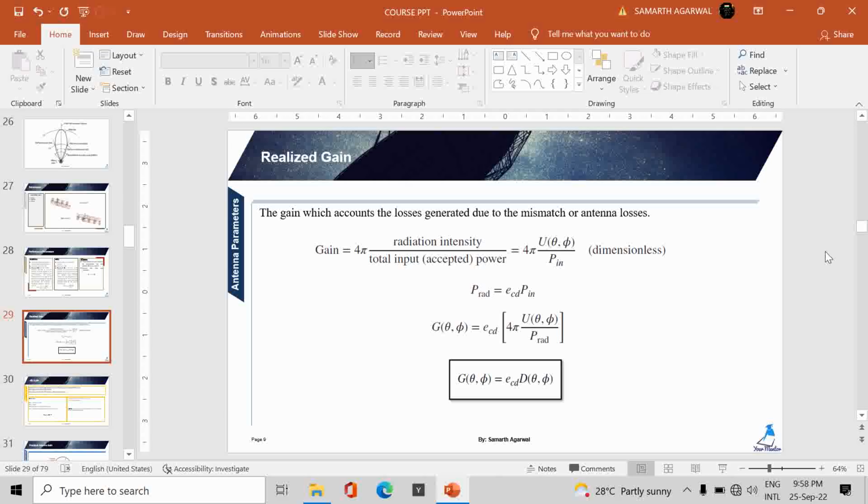Now whatever we have studied is the normalized gain. There is also realized gain, and in CST as well, but in this course I am not discussing realized gain; we are discussing gain, S11, VSWR and impedance.